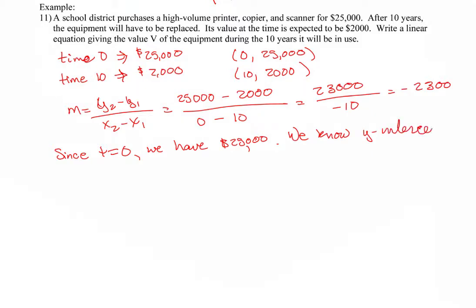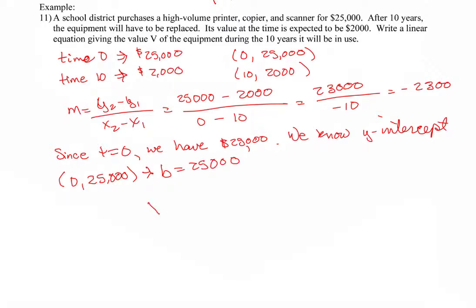That is the point (0, 25,000). So b equals 25,000.